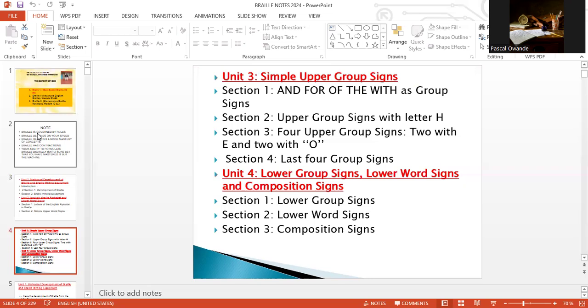In unit number 4, we'll look at lower group signs, the lower word signs and composition signs. The first one under unit 4 will be lower group signs, followed by the lower word signs, followed by the composition signs.